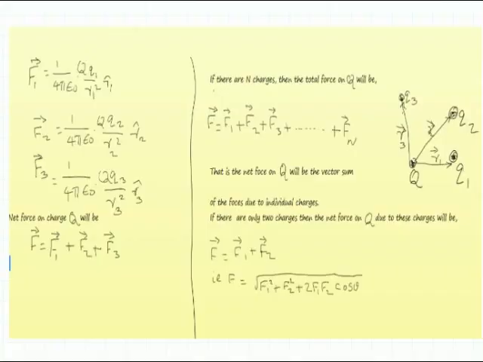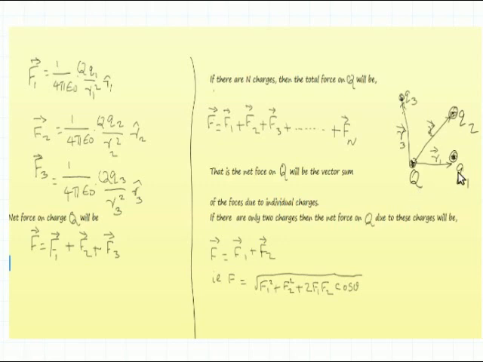So far we have discussed a case where there are only two charges, but suppose there are more charges, then what will happen? There are three charges in vacuum. So q1, q2, q3 are three charges which are at different distances from a sample charge, say q.